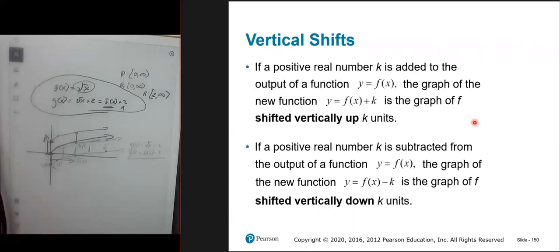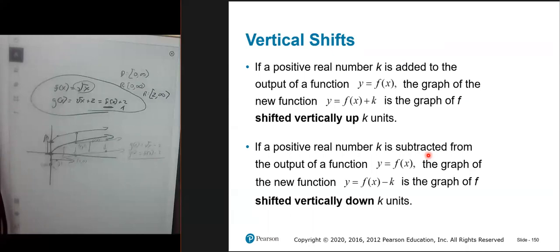Now, vertical shifts. Notice they're talking about a positive real number k that is added to the output of a function, or subtracted from the output of a function. So if you're adding or subtracting a real number from a parent function, then you have a vertical shift.